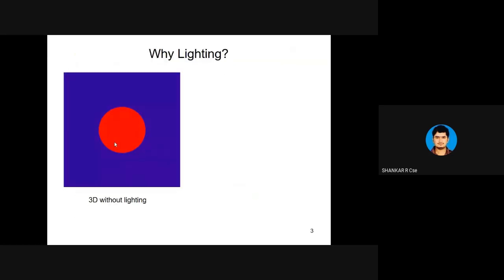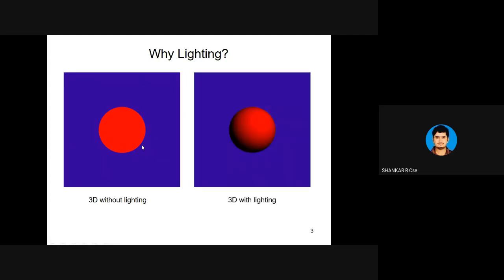Why lighting, you can ask me. To take any 3D picture or 2D picture without lighting, it will look something like this, kind of an artificial image. With lighting, you can see here, I have taken care of all the lighting properties. The camera is somewhere here. So these surfaces will be illuminated well, and these surfaces I can say are in shadow. Some parts are bright and some parts are dim. So this is the 3D image with lighting. Which looks more realistic? The right hand side, the 3D image with lighting, looks more realistic.